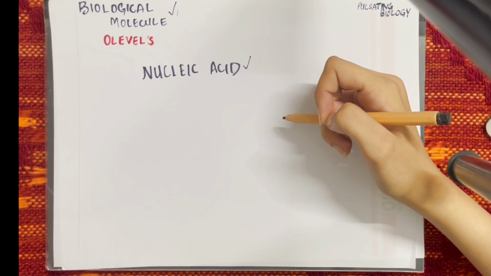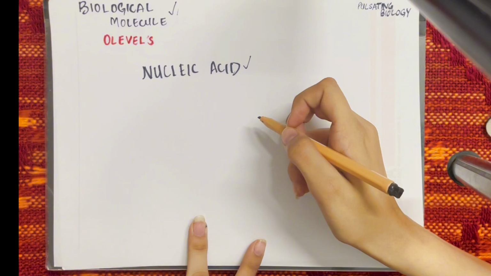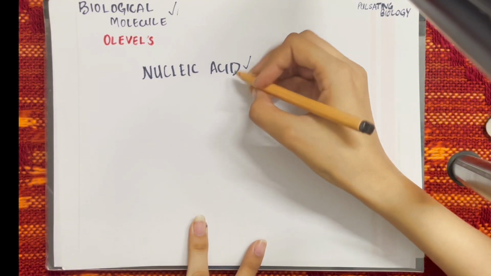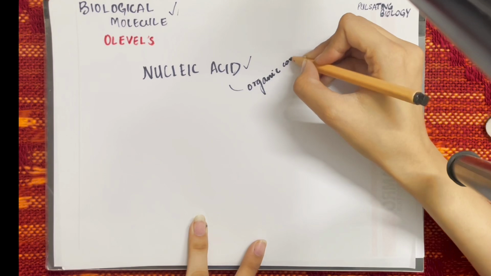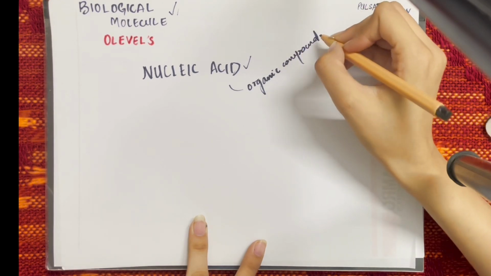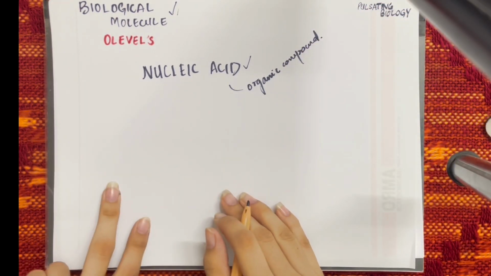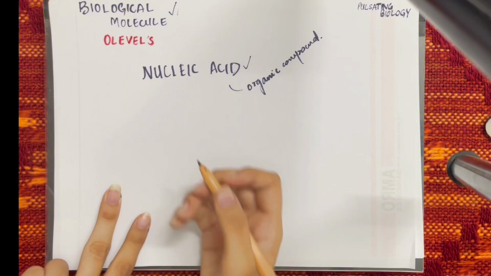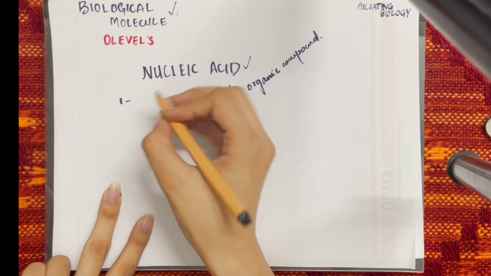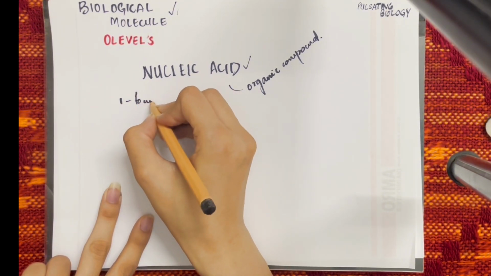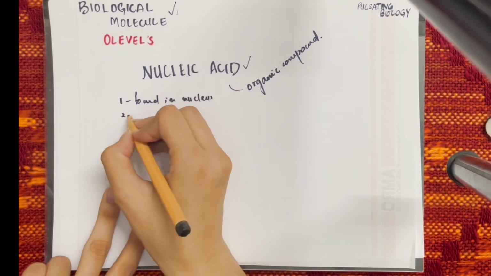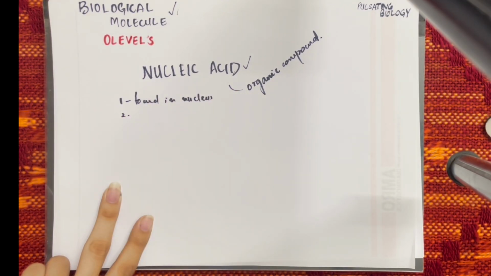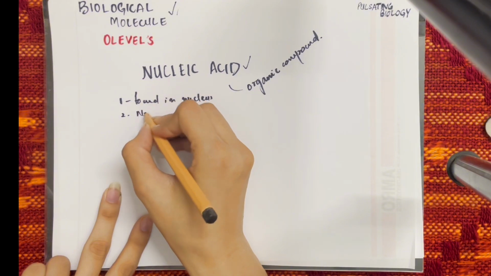Basically, the nucleic acid is an organic compound which is found in the nucleus. So what you need to know is that it is an organic compound and it is mostly found in the nucleus, and it is made up of nucleotides.